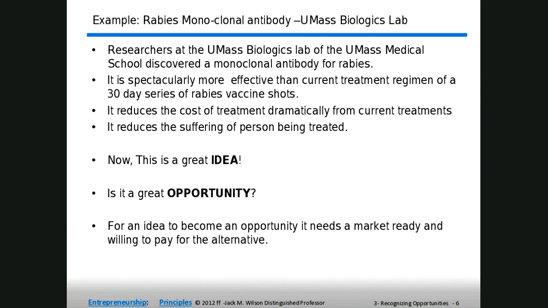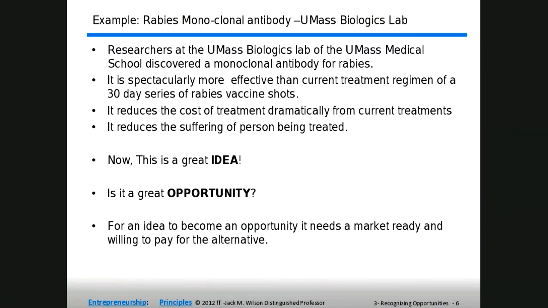First, here's one from right down the road from UMass Lowell, the University of Massachusetts Medical School in Worcester, Massachusetts. At that UMass Biologics Lab, which actually is in Mattapan, closer to Boston, but it's part of the UMass Medical School, they did research and developed a monoclonal antibody for rabies.